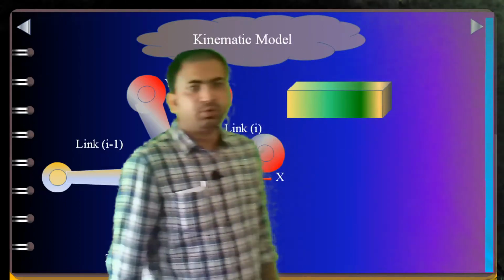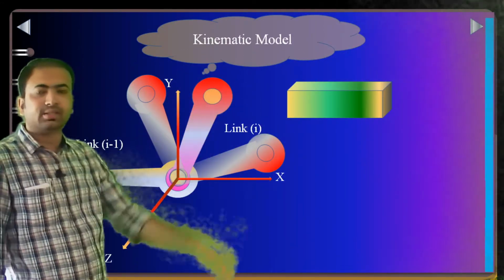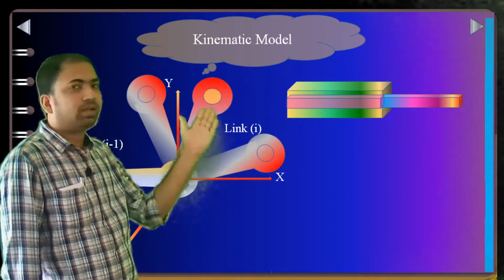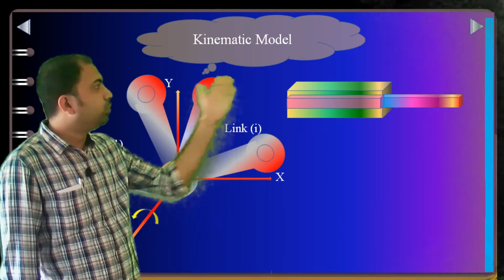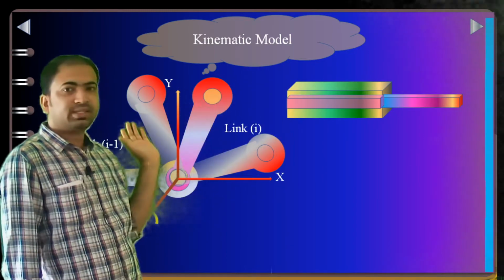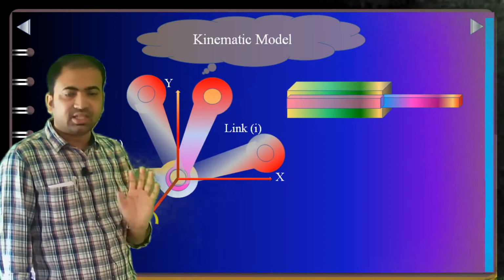Second case, say we have another link, and we have another link which can slide, that means which can translate. So, in the first case we found rotation, and in this case we are going to find translation.